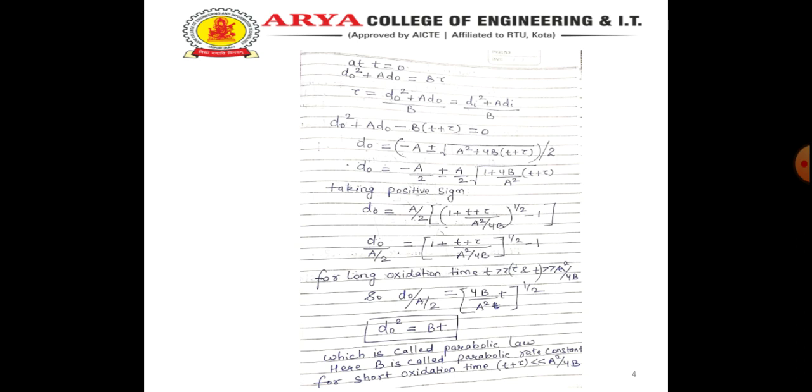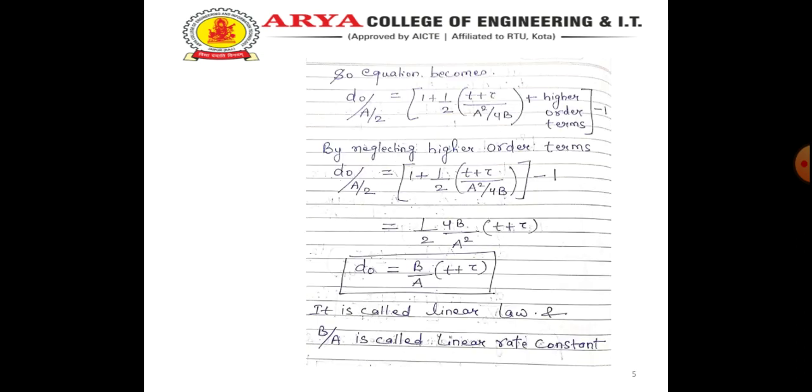For short oxidation time, t plus tau is very much less than a square upon 4b. So the equation becomes d0 by a upon 2 equals 1 plus 1 upon 2 times (t plus tau) upon (a square by 4b) plus higher order terms, minus 1. By neglecting higher order terms, as the numerator is very small compared to the denominator, the higher order terms are neglected.